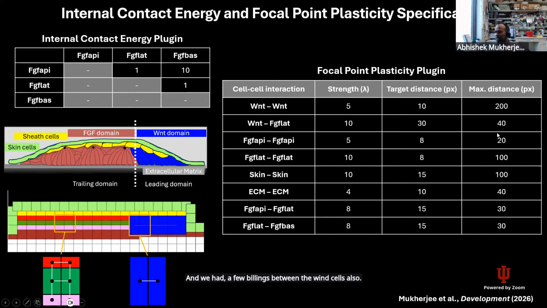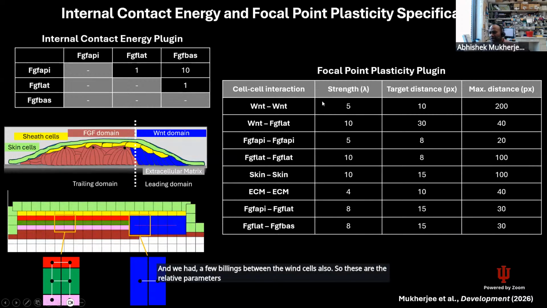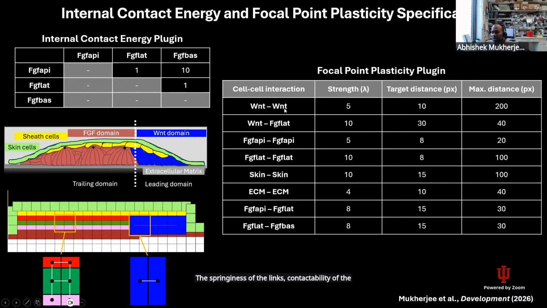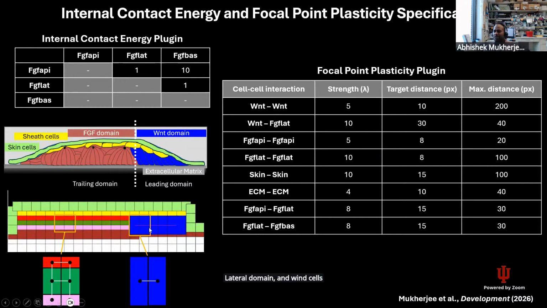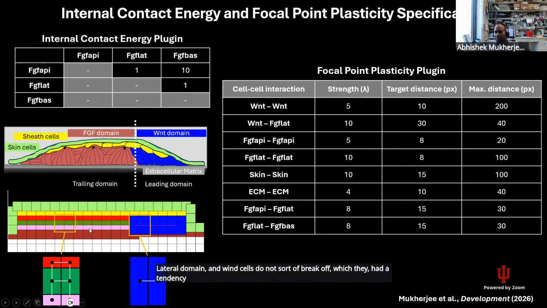So these are the relative parameters where the strength of links, or the springiness of the links, contractility of the links between the Wnt cells was relatively lower than, let's say, the Wnt and FGF lateral domain cells, because we wanted the lateral domain and Wnt cells to not sort of break off, which they had a tendency to as a consequence of forming local rosettes.